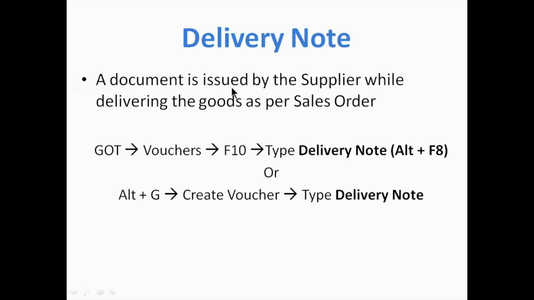And how to create this delivery note? Gateway of Tally, Vouchers, select F10, then type delivery note or Alt F8. And for the first time, if you are entering the delivery note, you have to activate it. Another alternate option is Alt G, create voucher, delivery note.